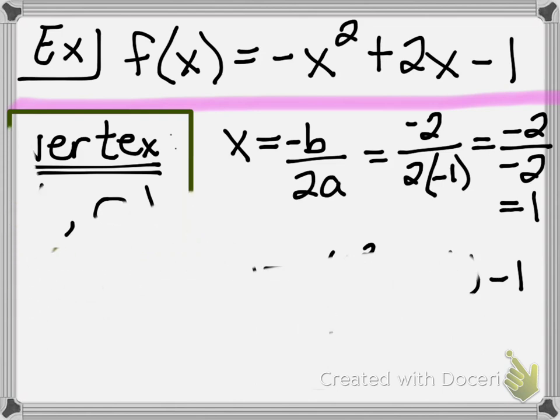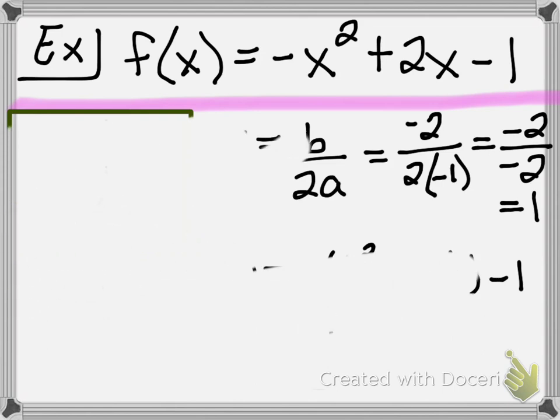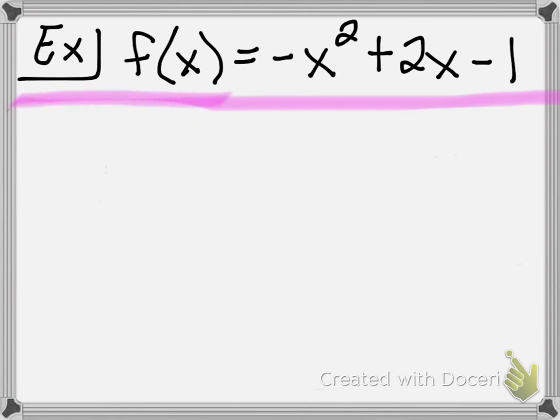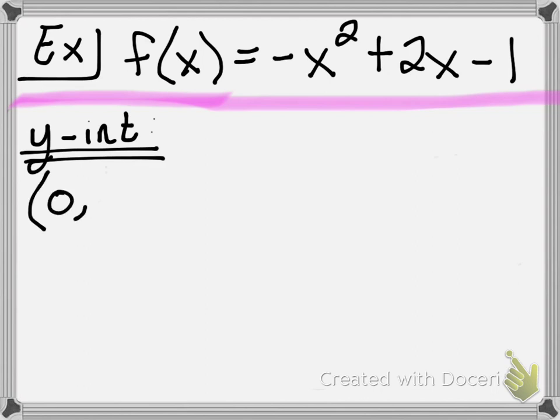Gonna erase all this, because next we have to find our y-intercept. Now, our y-intercept is always written as 0, a number. We need to find that.